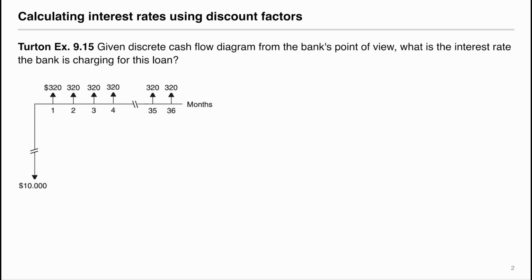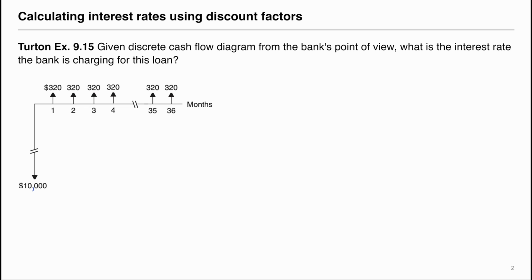In this example, we will use discount factors to calculate the interest rate. Given a discrete cash flow diagram from the bank's point of view, what is the interest rate that the bank is charging for this loan? So the bank initially has a negative value of 10,000, which means that the bank loans the loaner $10,000.